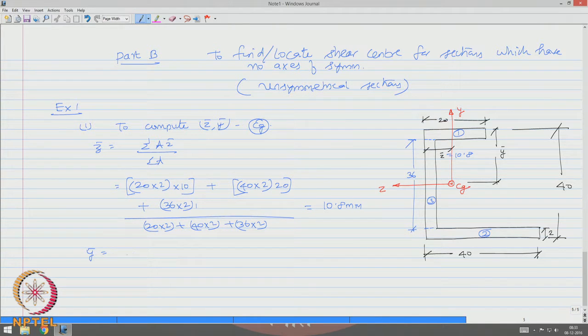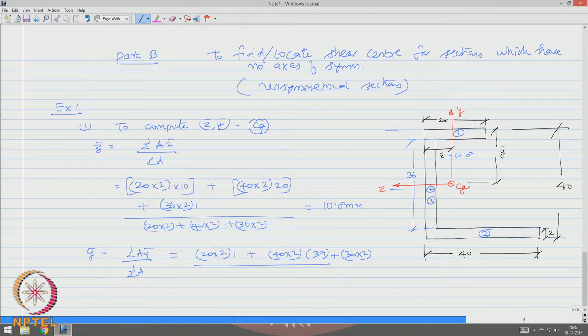Similarly, y bar is sigma a y bar by sigma a, which is 20 into 2 into 1, that is the distance, plus 40 into 2 into 39, that is the distance of that second piece, plus 36 into 2, the distance of this CG from here.